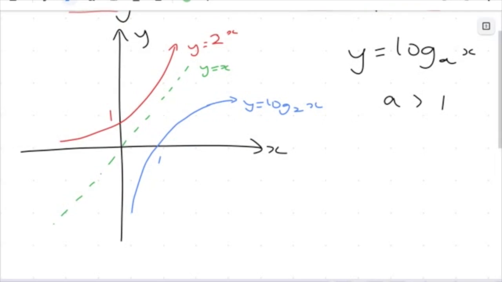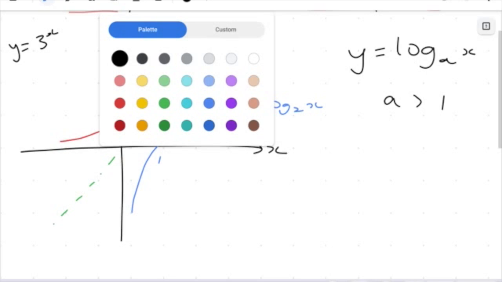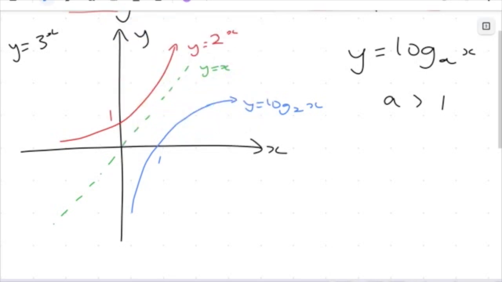Now normally when we had exponentials, so consider the graph of y equals 2 to the power of x, say we drew in a graph of y equals 3 to the power of x. Well, we noticed in previous videos in different series, if we were to draw this, it would still pass through my intercept, but it would go up a little bit steeper, if we recall.